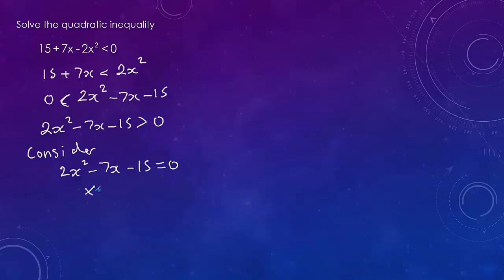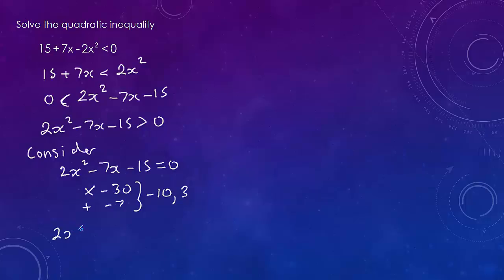We're looking for numbers that multiply to give 2 times negative 15, so it's negative 30. And that will add to give us negative 7. And that looks like 10 and 3, with 10 being the negative because we want negative 7.